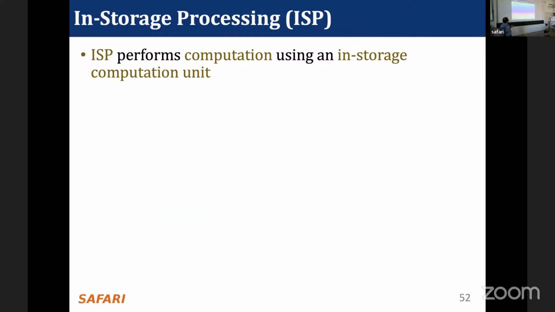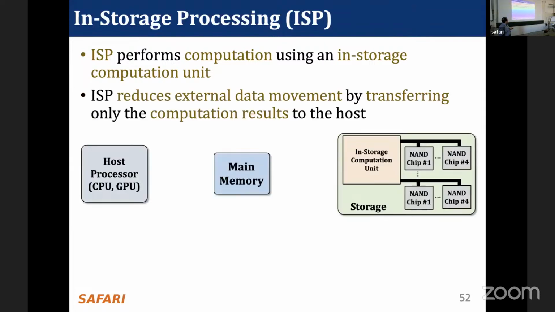ISP, for short, performs computation using an in-storage computation unit. This is a very simplified figure of storage, and you can see that we have NAND flash chips connected to the in-storage computation unit, the so-called storage controller, with some channels.